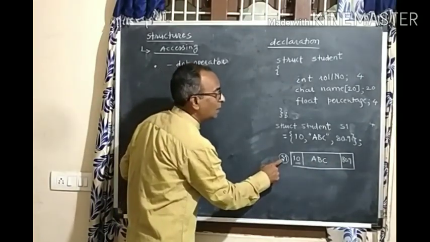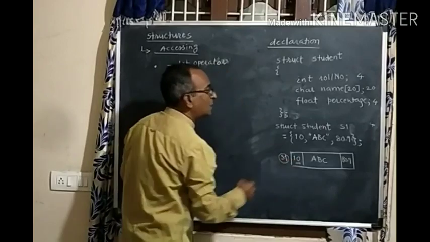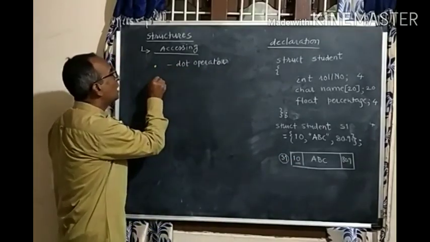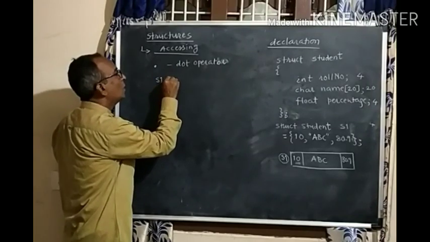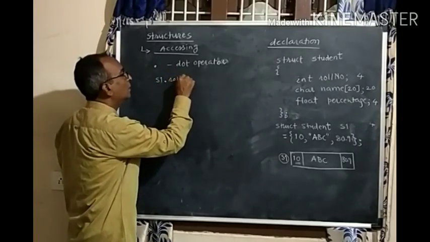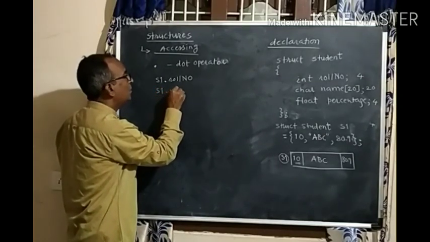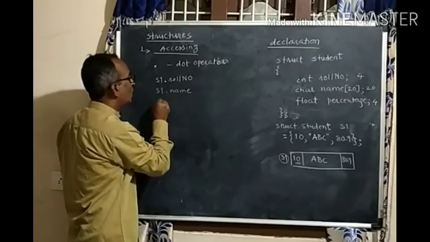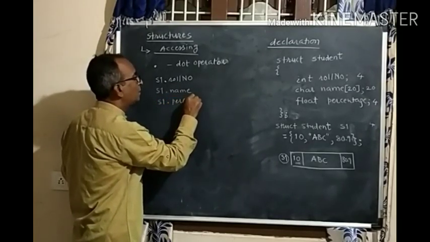So what is the name of the structure? S1. So if I want to access this roll number field, I have to use S1 dot roll number, or S1 dot name field, or S1 dot percentage field.